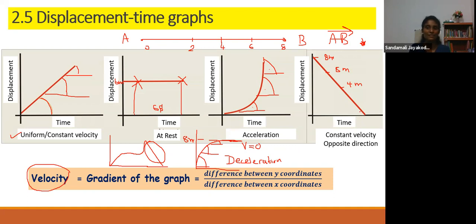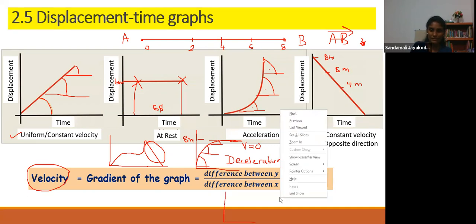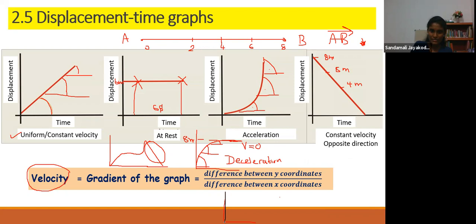So we will get something like this as the graph. Earlier, it was increasing like this. Displacement increasing. Now it is coming back. So for a movement like this, let's think of one person starting to move in a particular direction like this.